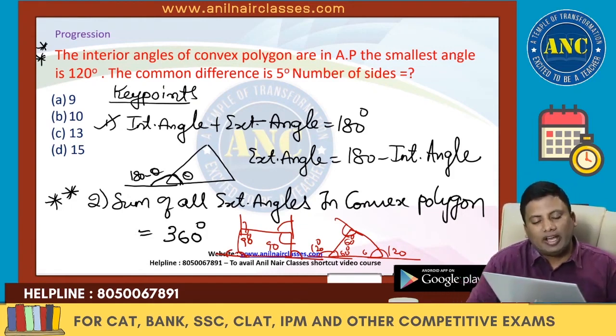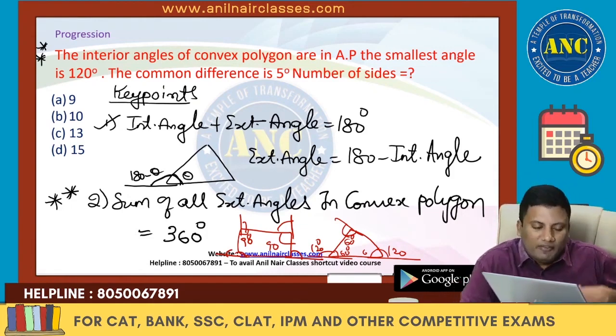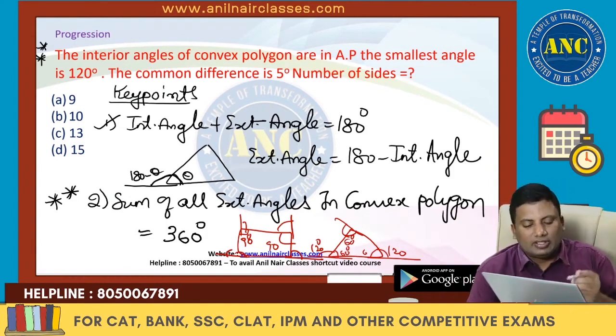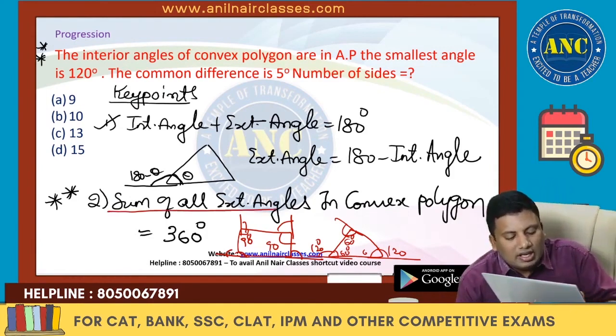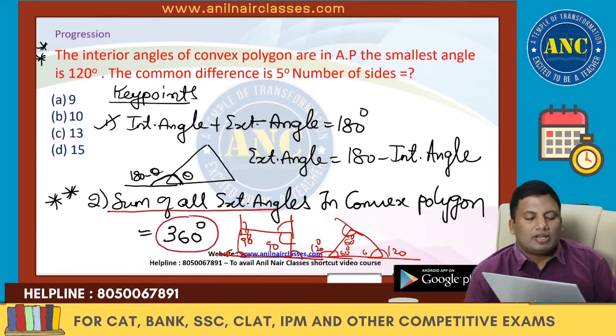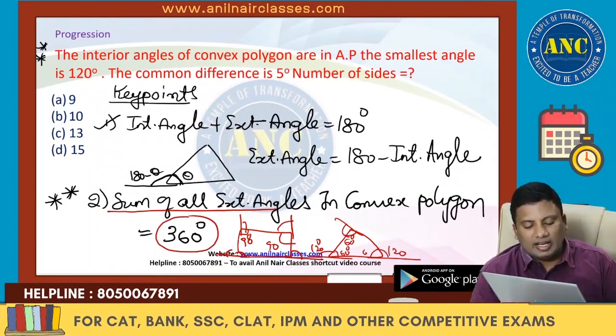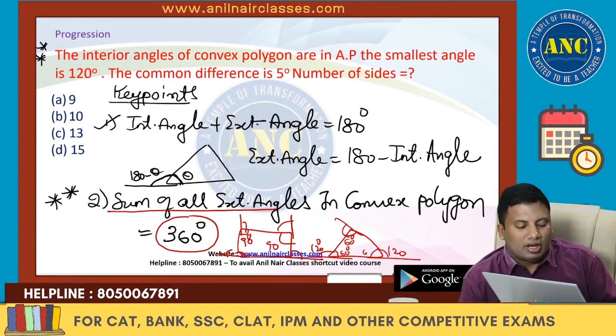What is the sum of three angles? It is 360. Very important point. Sum of all exterior angles in a convex polygon, it is 360 degrees.